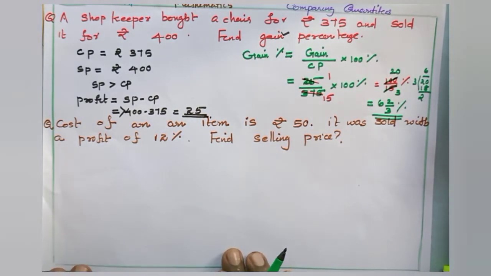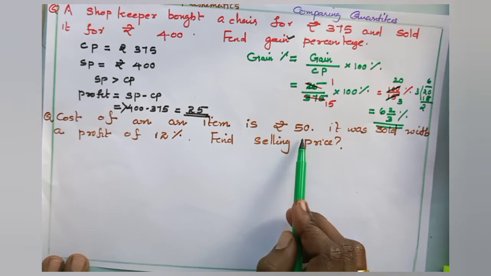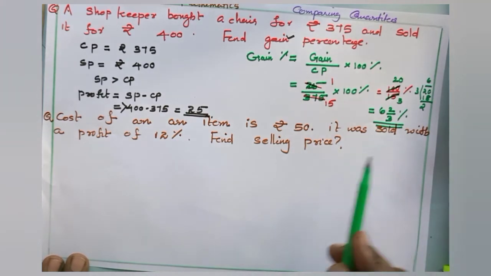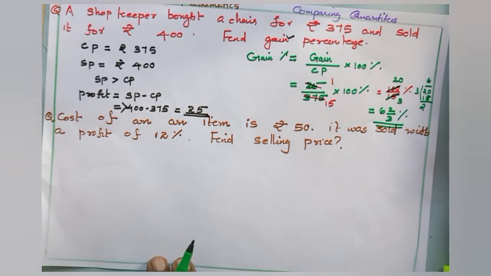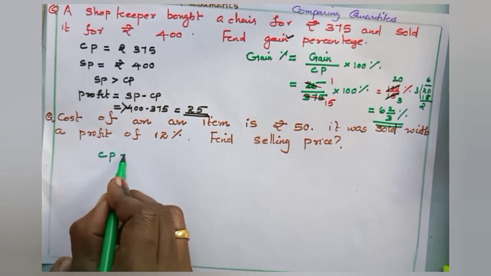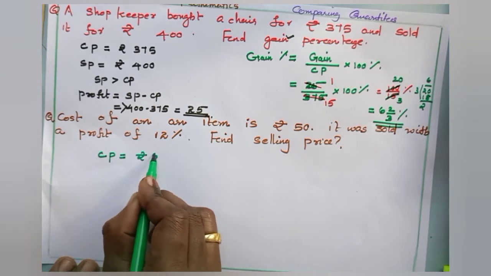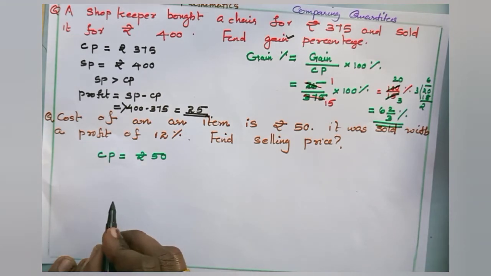Okay, listen to this question. Cost of an item is rupees 50. It was sold with a profit of 12%. Find the selling price. The cost of an item is CP, which is rupees 50, and it is sold with a profit of 12%.